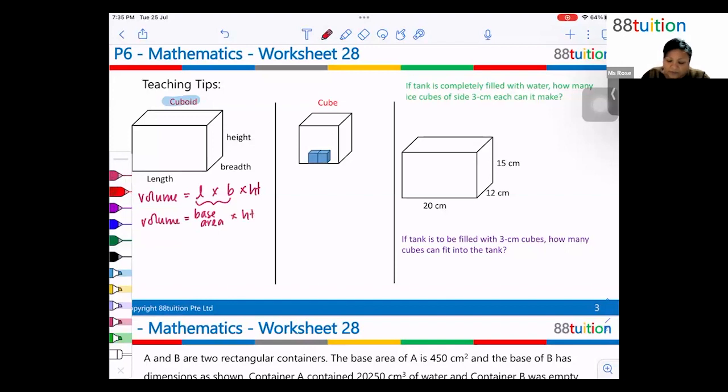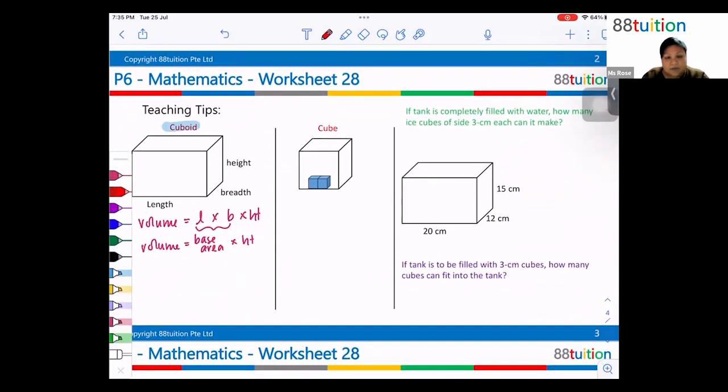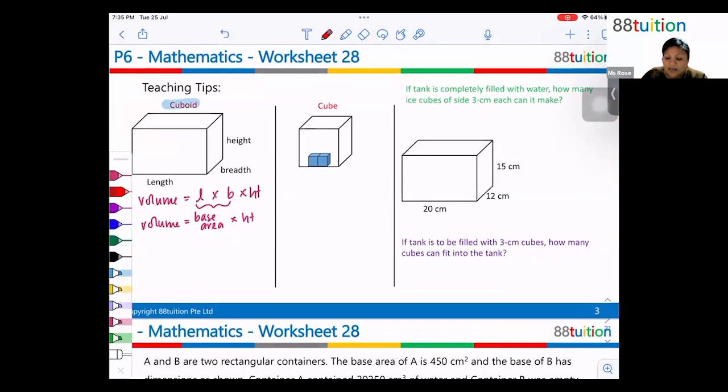Now, when we say that we have a common height, we went through last week where you have a common height between two containers. What you do is you let the height be 1 unit, or if some of you are familiar, let the common height be x. We'll take a look at some of those types of questions.